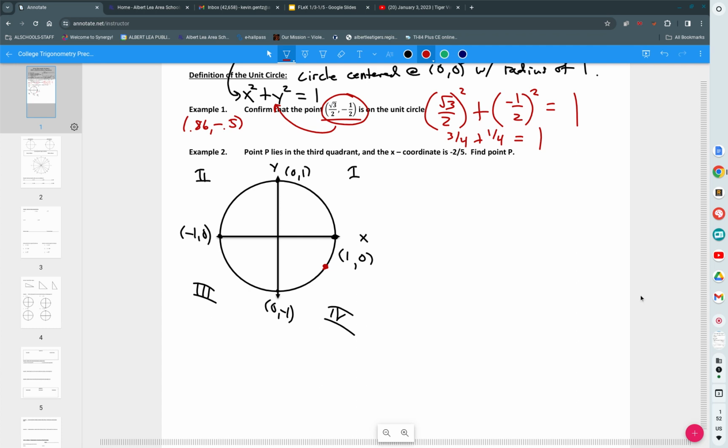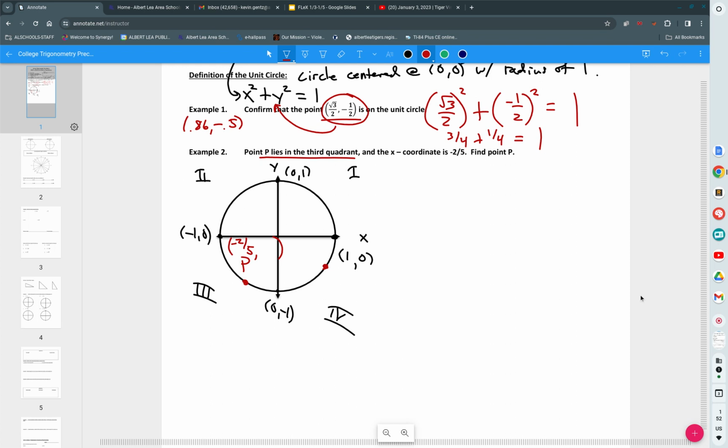Try another example here. It says point P lies in the third quadrant. So we'll just put point P over here in the third quadrant. It says that the x coordinate of point P is -2/5. But we don't know the y coordinate. Okay, it says find point P. So I know the x value and I know it lies in the third quadrant.